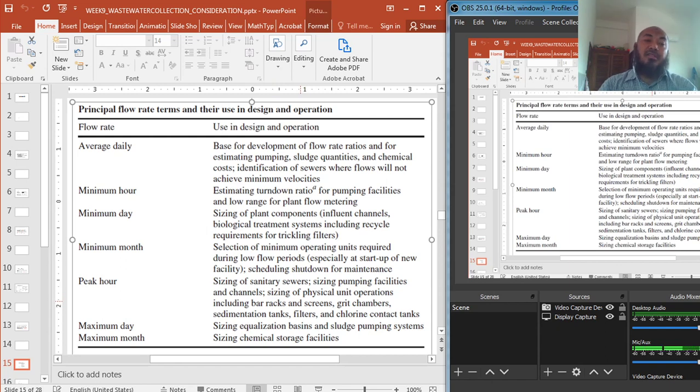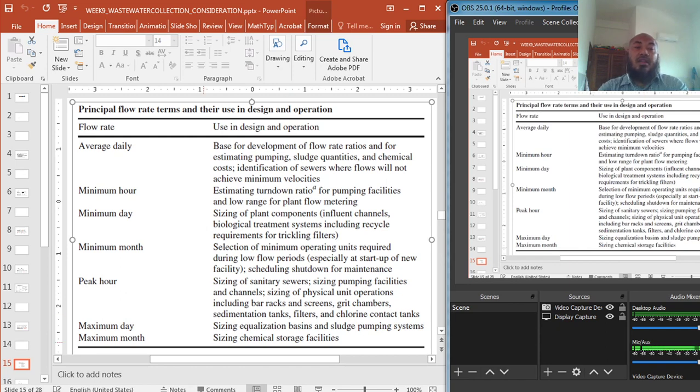Maximum day. How about the maximum day? We use it in order to size the equalization basin and sludge pumping system. So to calculate the equalization basin and sludge pumping system, we use the maximum day. Maximum month is for sizing channels and chemical storage facilities.